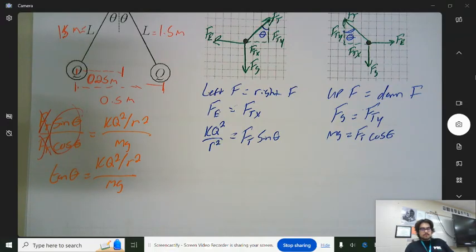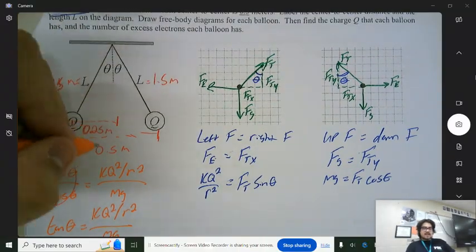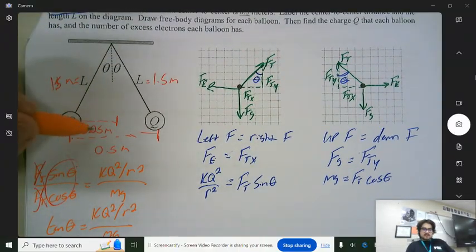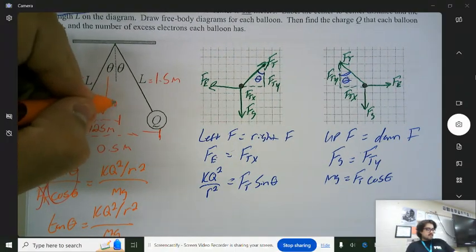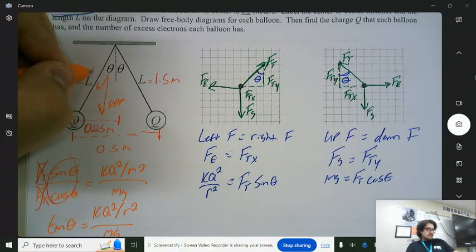We will need it, but the way that we can actually get theta is pretty simple. Because what we've done up here is we figured out the base, or this leg of the triangle, and the hypotenuse. We figured out what's opposite this, and then the hypotenuse.